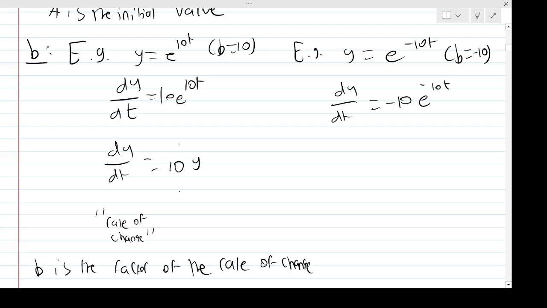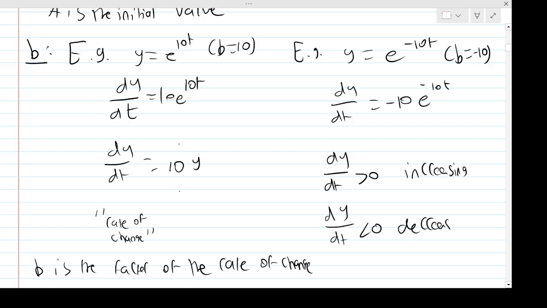So the difference here is now we have a negative 10 instead of positive 10. Now, what you need to understand as well with the derivative: we've seen that if the derivative is positive, it's increasing, but if it is negative, it's decreasing, right? We've seen that in differentiation.